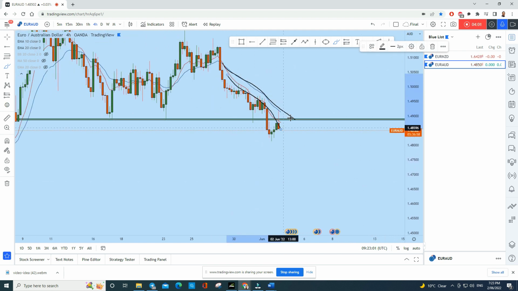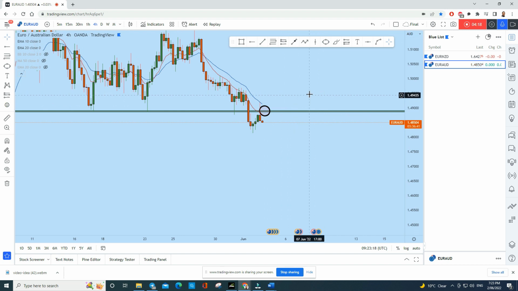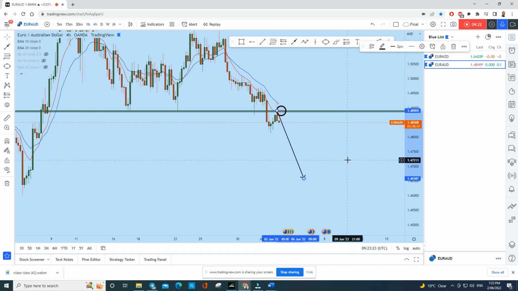For the first time, the 20 period moving average was tested in this extended period on the lower time frame and created a bearish candle. After this kind of move, we can expect a bigger move to the downside, and that is what we are doing. We are considering a shorting opportunity according to the rules of our strategy on Euro AUD with a good risk to reward ratio.